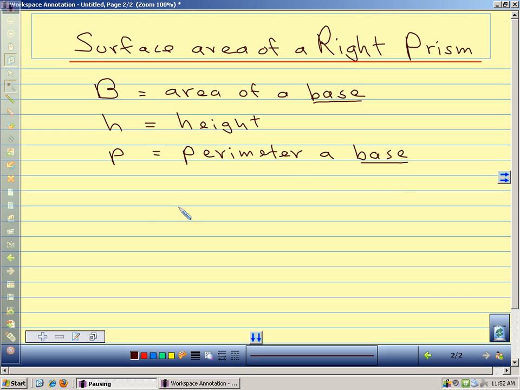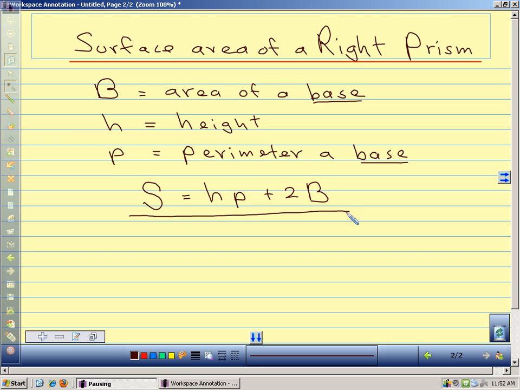So our surface area formula, S equals HP plus 2B. And this is our formula for the surface area of any right prism.